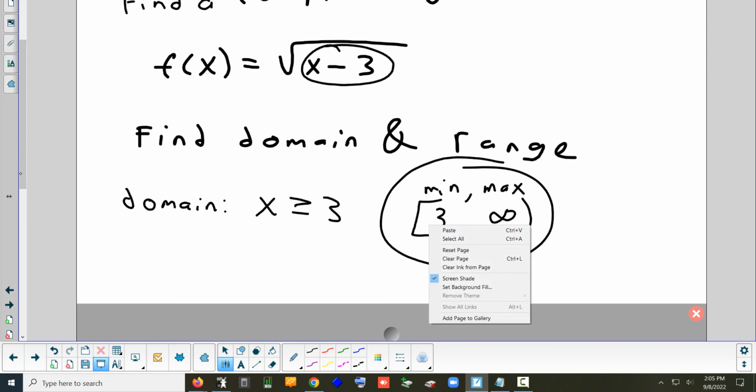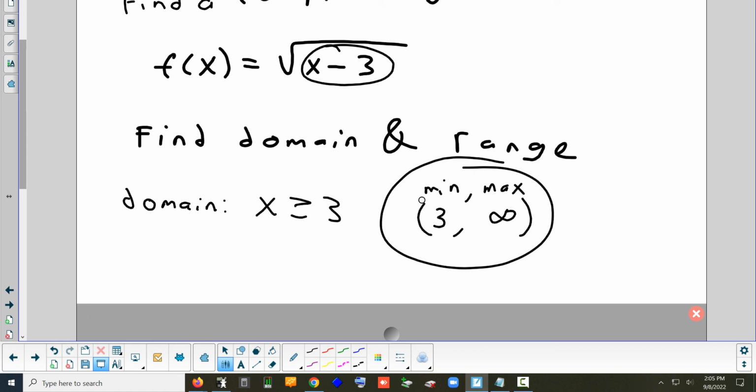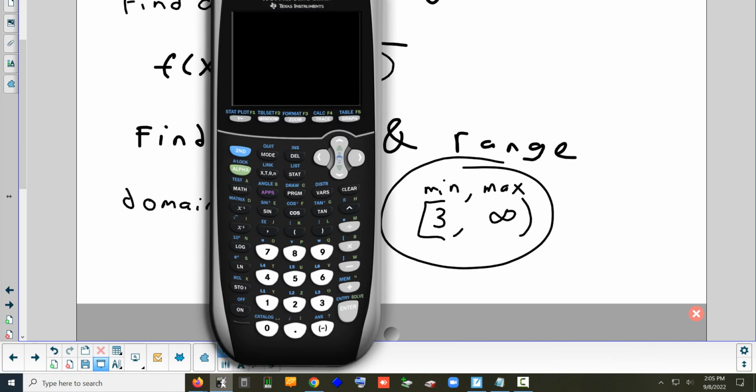Bracket means include the value. Parenthesis means don't include it. So like if you wanted to write this, you could do that. Now that means everything from 3 and up, not including 3. But that's wrong for this problem. You do want to include the 3.